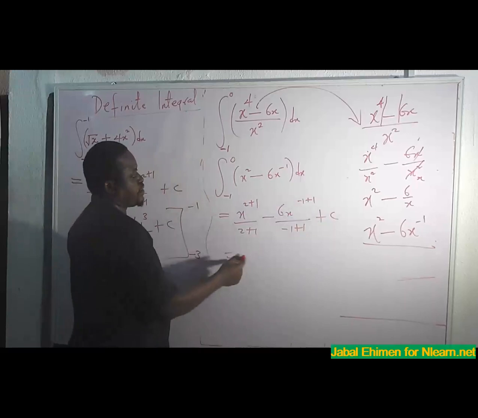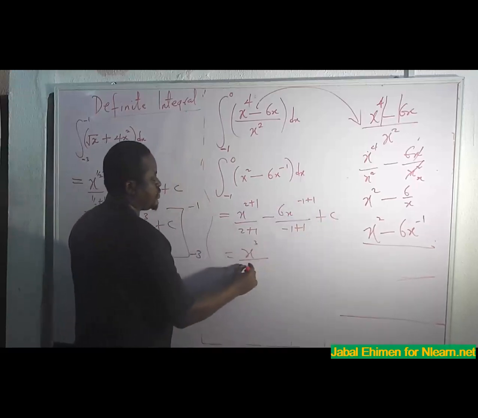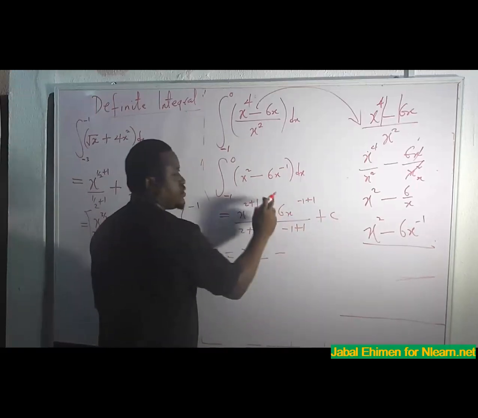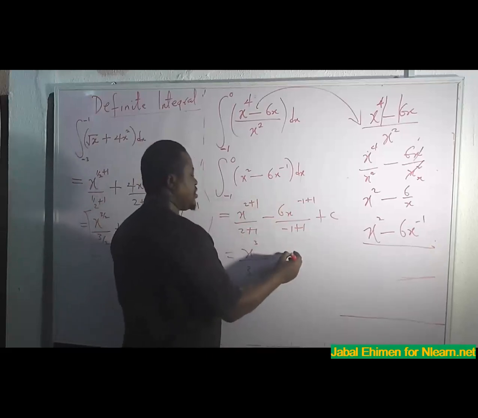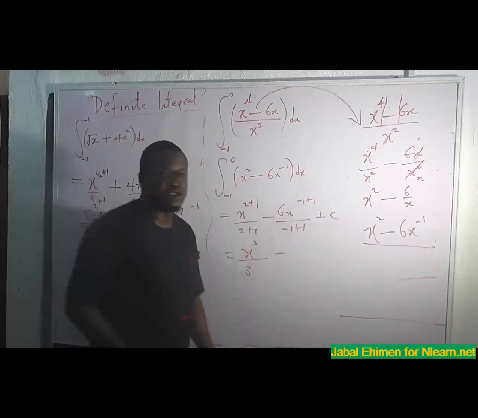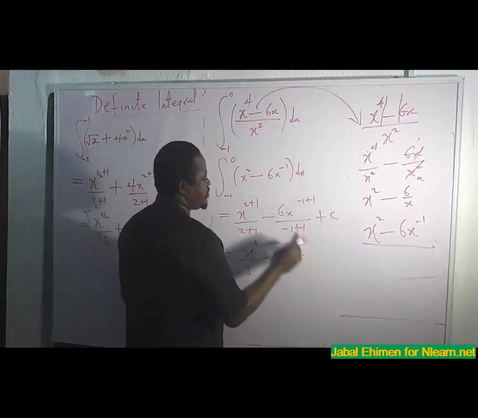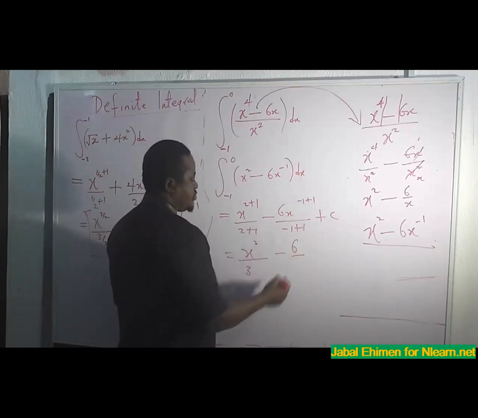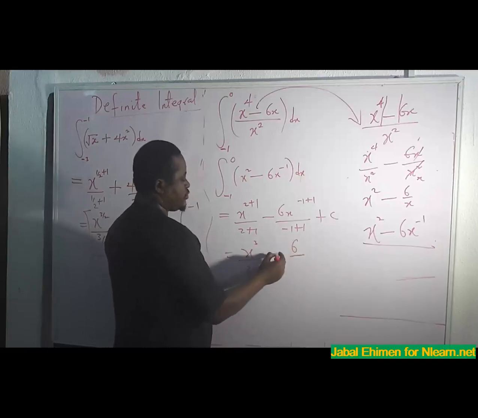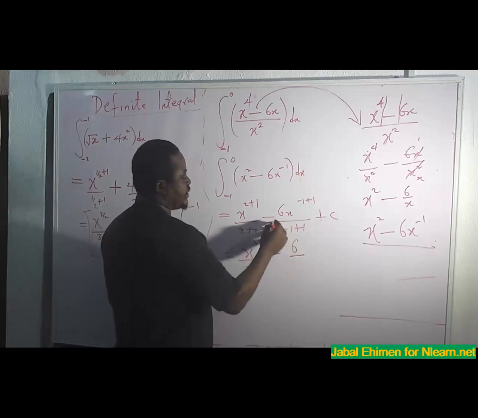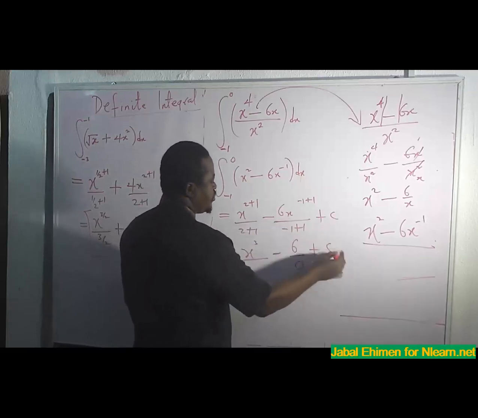That ends up becoming x cubed over 3 minus... the value here becomes minus 1 plus 1, surely that will be 0. Anything raised to power 0 is 1, 6 times 1 becomes 6. Minus 1 plus 1, that's 0. So automatically, you are having an undefined value here plus c.